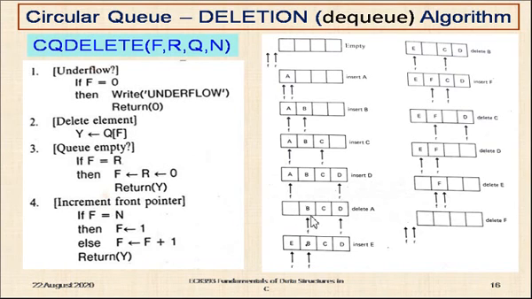Previously it was 1, now it has become 2. Since the element a is removed, the front pointer is adjusted to locate the second element. Return of y. Okay. So that is all about stacks and queues. And thank you for your patient listening. Thank you.